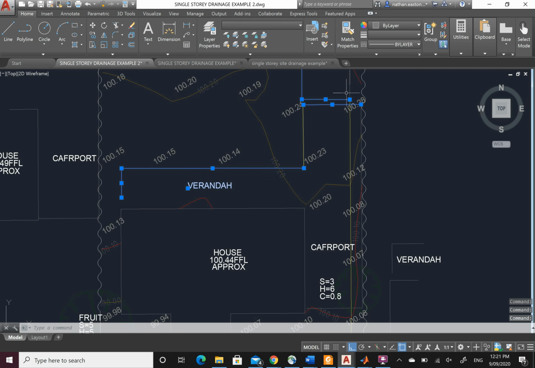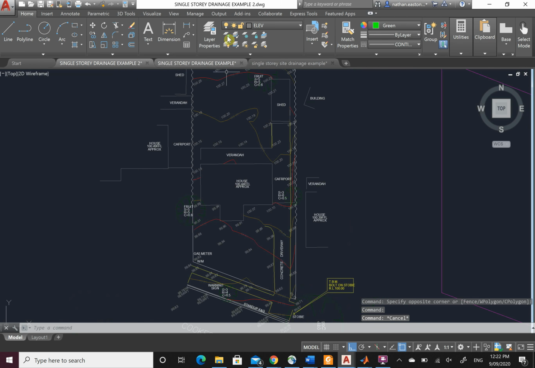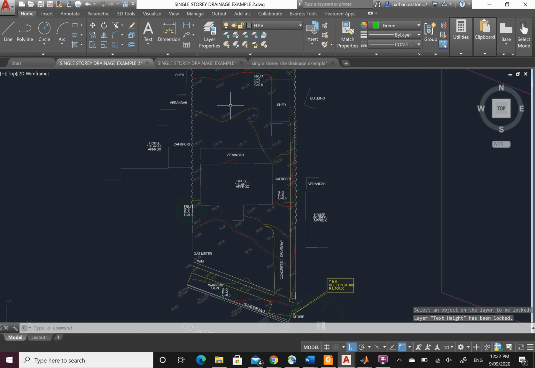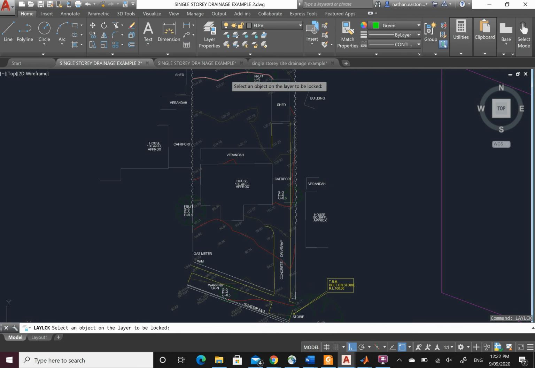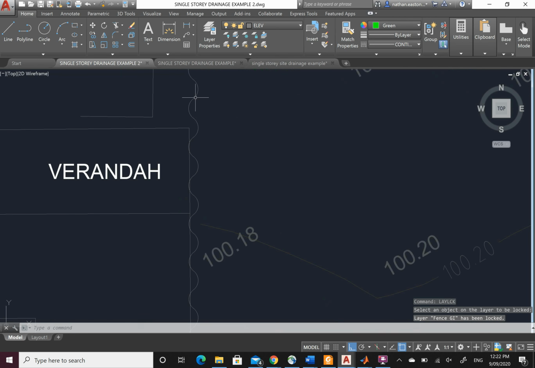Now, I hope most of you have realized by doing this, I'm going to be here for like 9 hours clicking buttons. So, easiest way to do it, we have a lock function. Let's lock what we want. So I want the levels, I want the major contours, I want the minor contours, I want the major contour levels, I want this fence line.